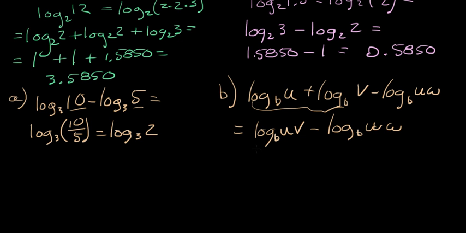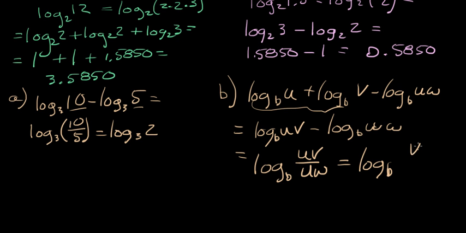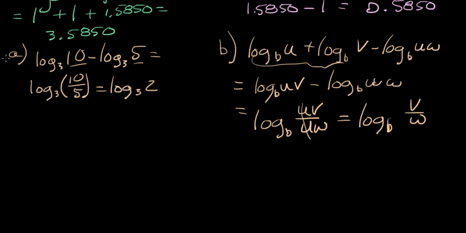And I can combine these now because I'm subtracting. So I can say log base b of uv over uw. What does that equal? Log base b of v over w, because I canceled the u over u. You see? Isn't this fun? Okay, I can tell you're having a good time already. Let's try one more here.